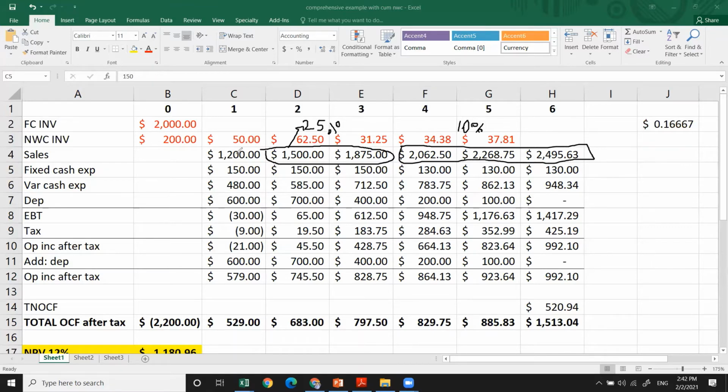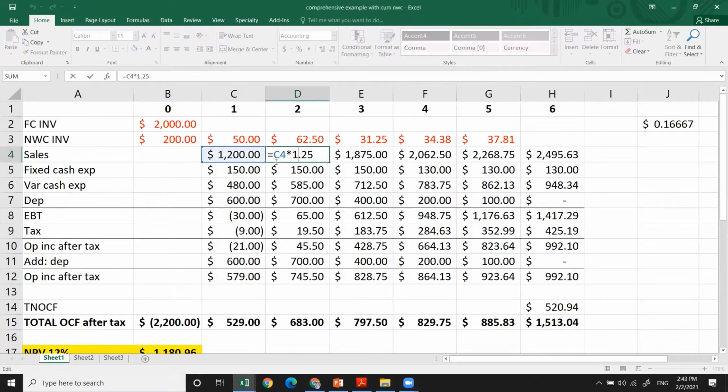So 1,200,000 multiplied by 1.25, I got this one. Then 1,500,000 multiplied by 1.25, I got this one. Then whatever I get, I multiply by 1.10 to get this, and it goes like this. I will show you.